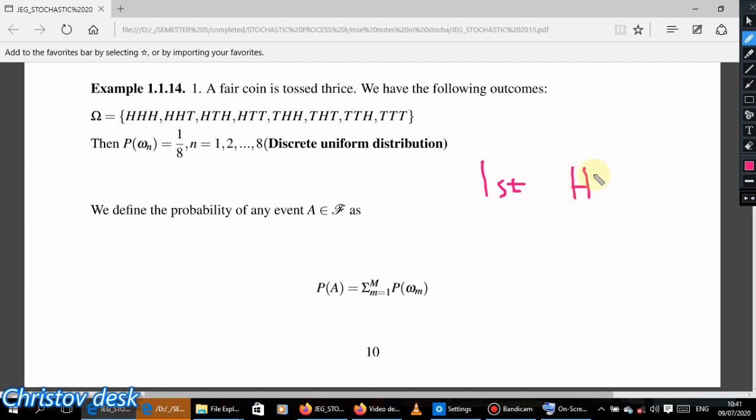So if I want my first element to be a head, it means that my event is where I have a head first.